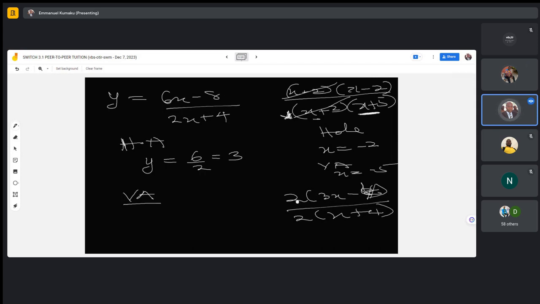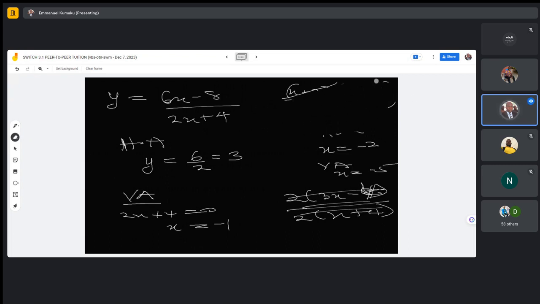But here, what is cancelling out are constants. It's not x values that are cancelled out. So there's no hole in this scenario. So here, our VA is 2x plus 4 is equal to 0, to give us s is equal to minus 2. So that is that for the asymptote.